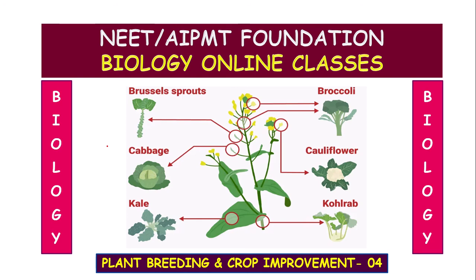Single cell protein, that is called SCP. One of the alternate sources of proteins for animal and human nutrition is single cell protein.